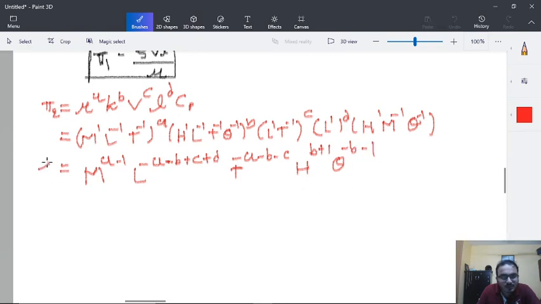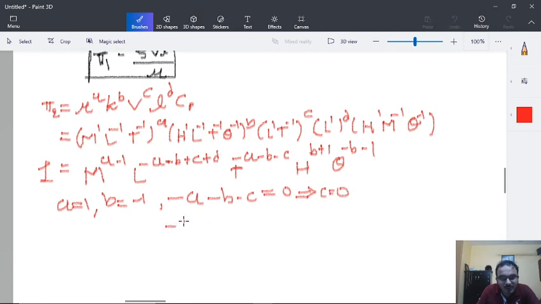So here the dimension is 1 for a pi term, so we will be getting a equal to 1, b equal to minus 1. Then to obtain c, we can write minus a minus b minus c equal to 0. So c equal to 0, because by putting the values of a and b, c will be 0.